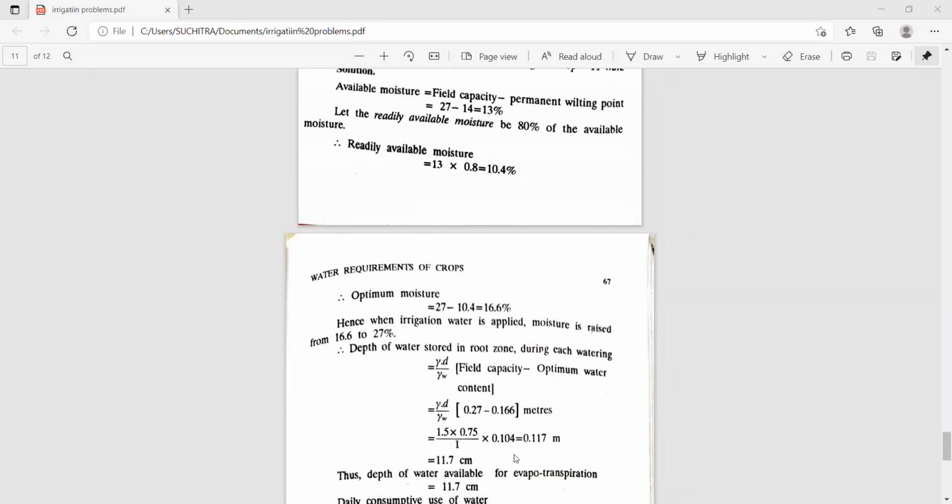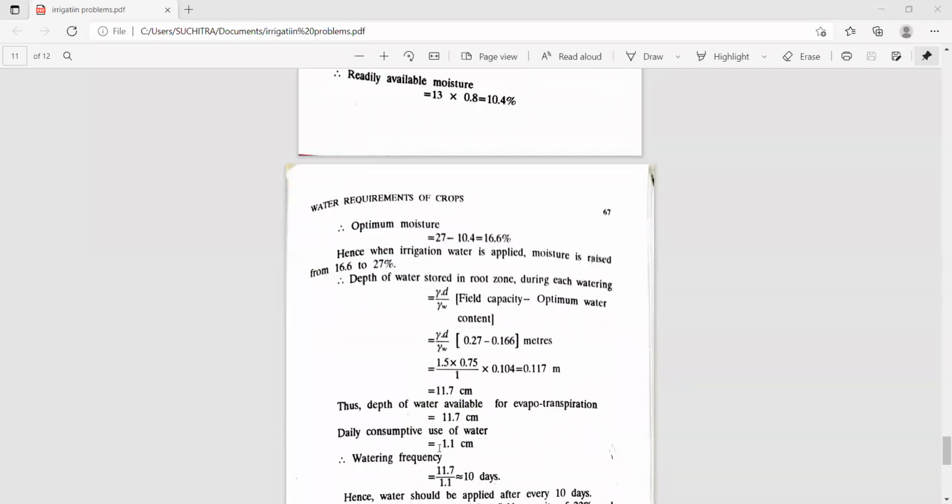Thereby we get the depth of water stored in the root zone as about 0.117 meter or 11.7 centimeter.